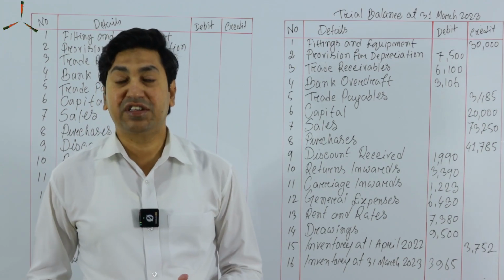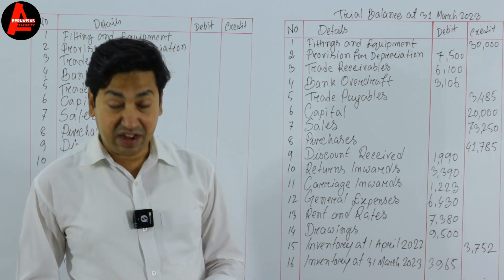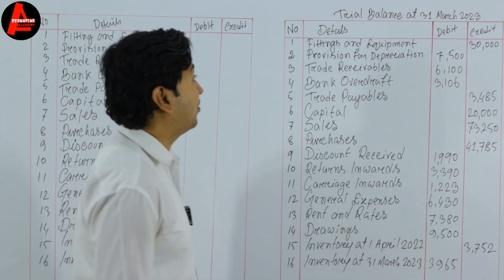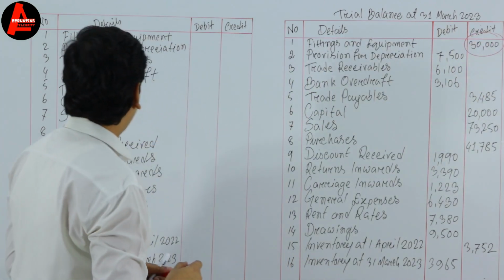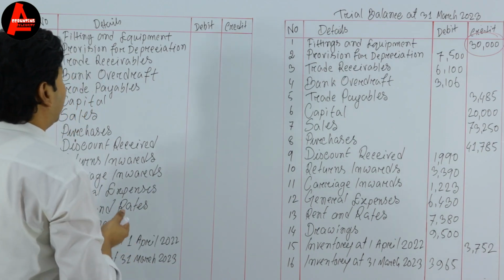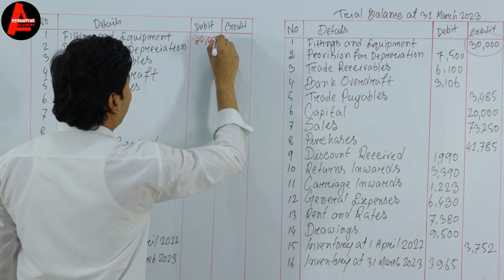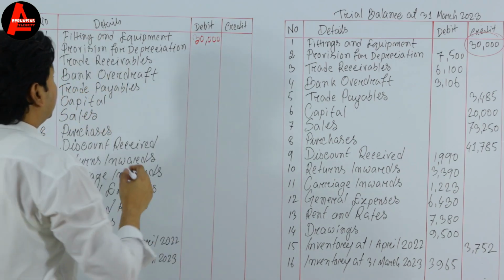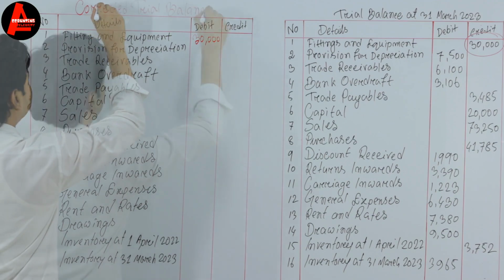If you see on the question that it is an asset, you will write it on the debit side. So this is a mistake. We will write $30,000 on the debit side. So we are preparing the corrected trial balance.